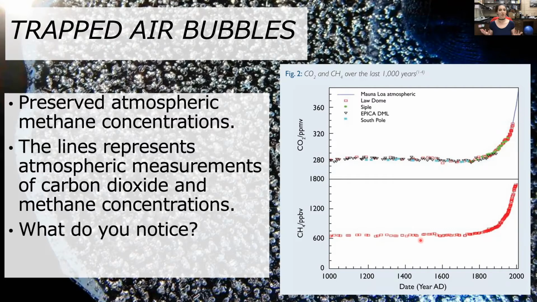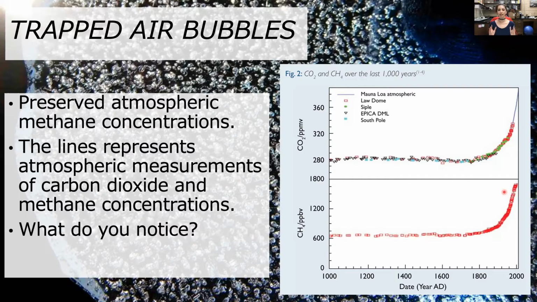But what do you notice? We have this extreme uptick in parts per billion concentrations in methane shortly after the Industrial Revolution. So here we have clear evidence for the increase in methane concentration and the time it took to get from about 700 parts per billion to nearly 2,000 parts per billion.